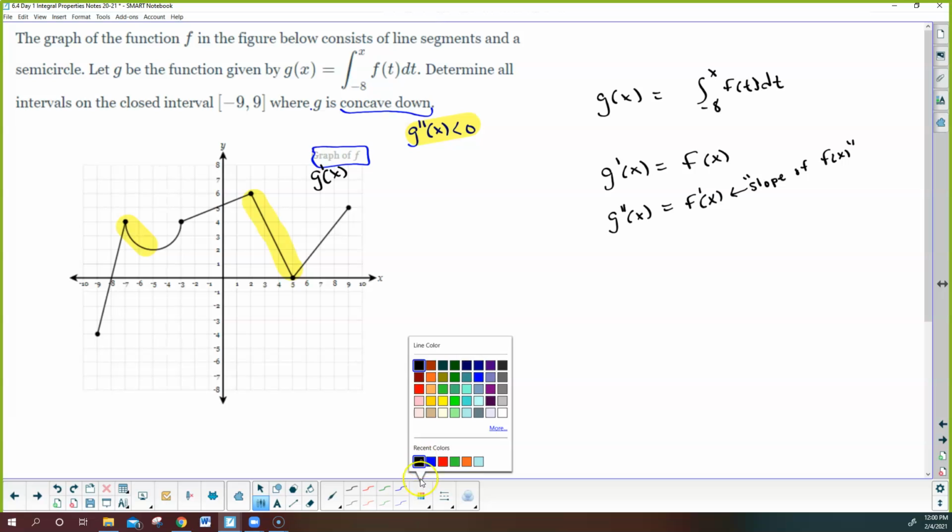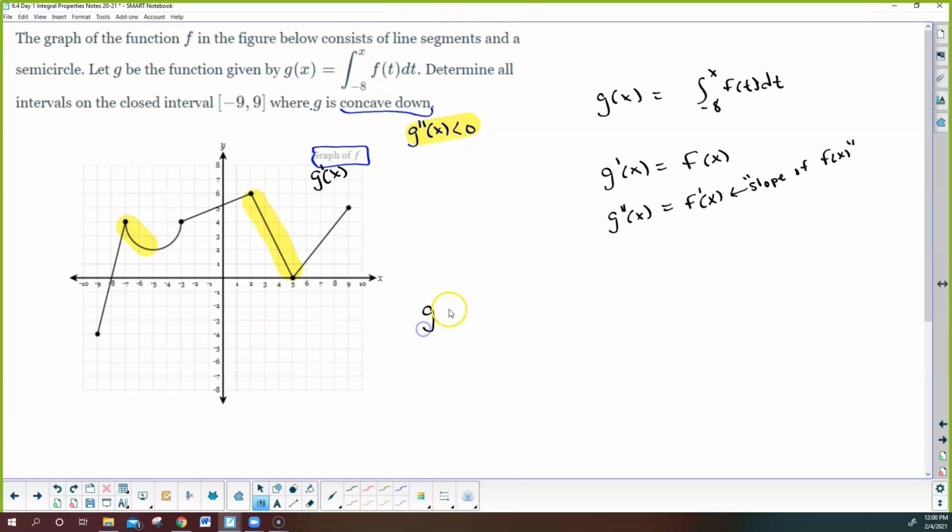So if I was going to answer this as a free response question, my response would be g is concave down on the interval from -7 to -5, and from 2 to 5.